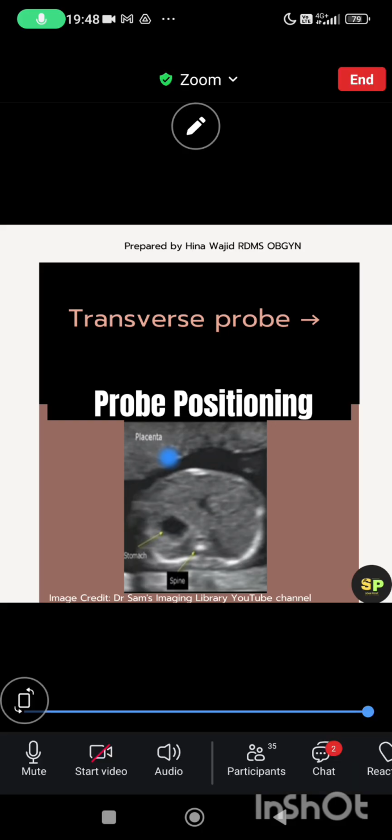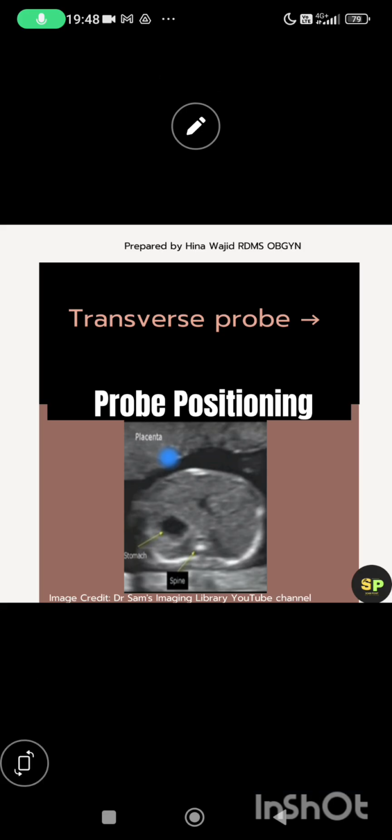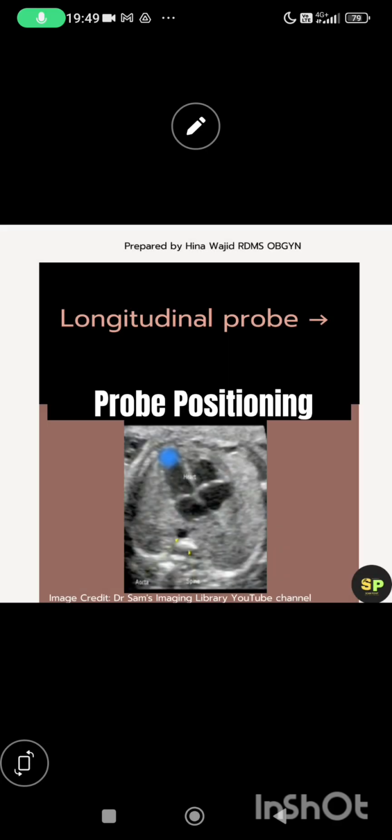Okay. Now we discussed what is normal and also how to identify the right presentation in the exam. Now I am giving you some scenarios. If during scanning you definitely know the exact presentation, if it is a breech presentation, you are 100% sure during scanning that it is a breech fetus.